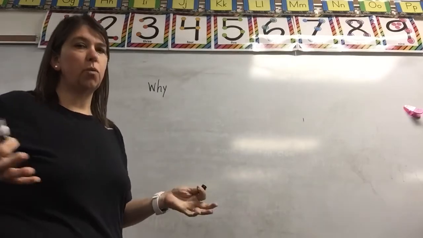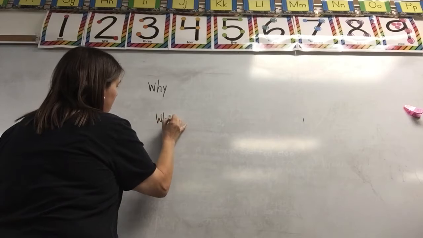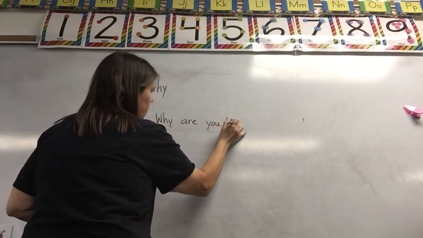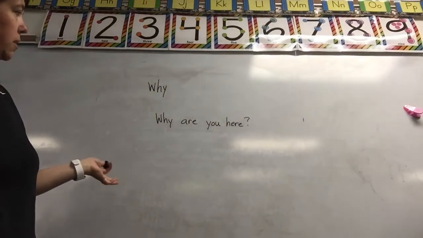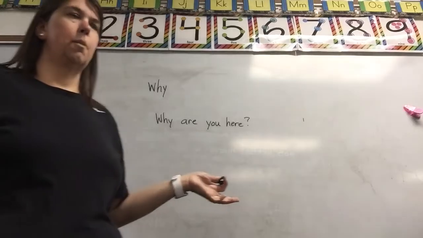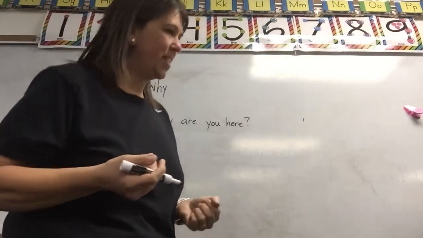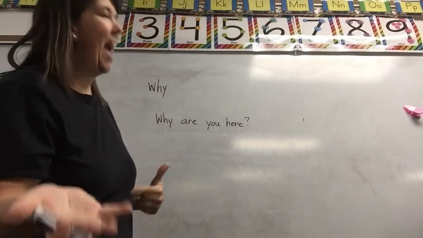Now we could just write something like, why are you here? Is that a sentence? Yes. What kind of a sentence is it? A question sentence. You got it, which means it's going to require an answer.